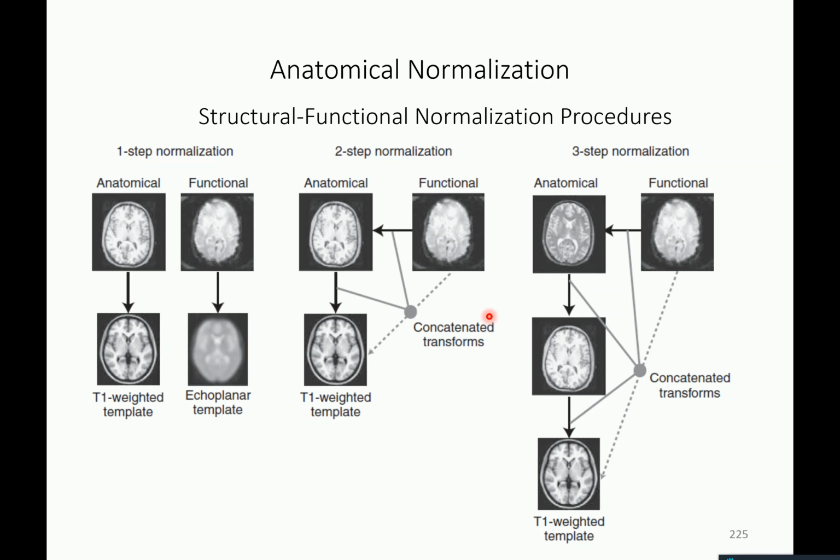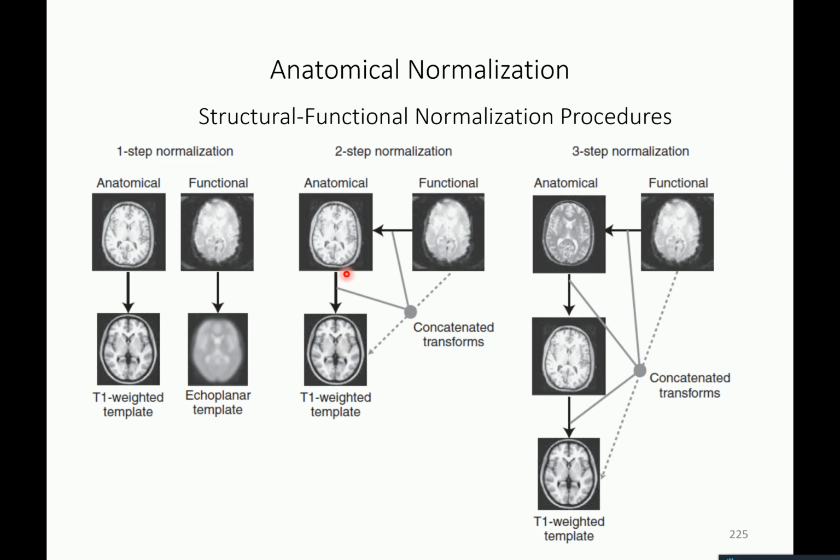What you also can do, and this is what I briefly mentioned previously, is to align your functional data with your anatomical data on a single participant basis. Morph your anatomical data into the anatomical T1 MNI space.